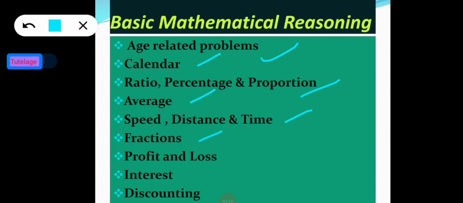Sixth one is fraction related problems. Seventh one is profit and loss related problems. Second last one is interest related problems, and the last point is discounting related problems. Okay, so now going to the main discussion.